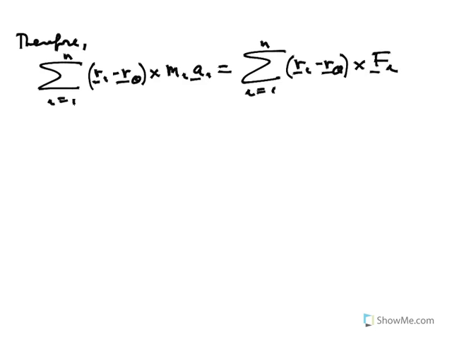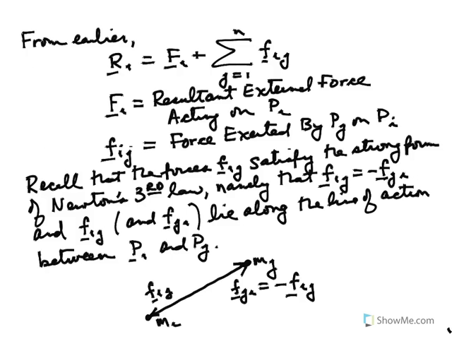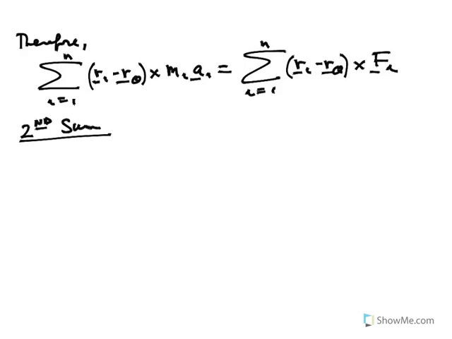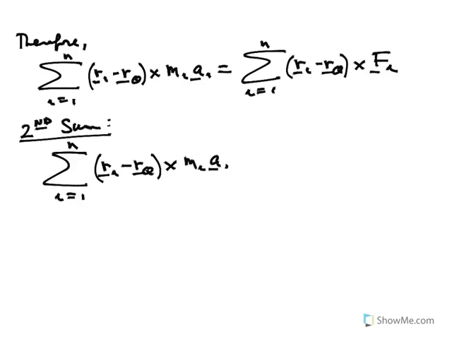Now let's go to the second sum. So the second sum is the sum from i equals 1 to n of (Ri minus Rq) crossed with Mi times A_Q/I. But A_Q/I is independent of the summation.